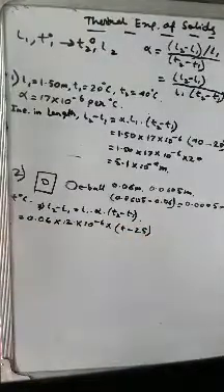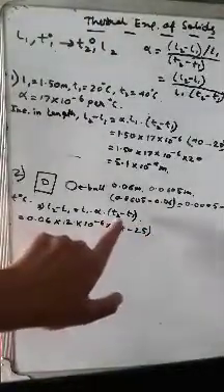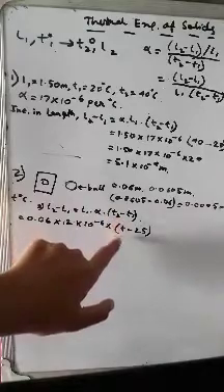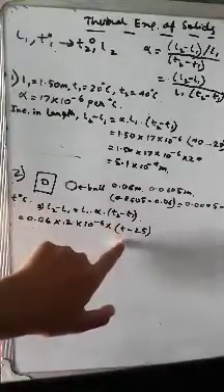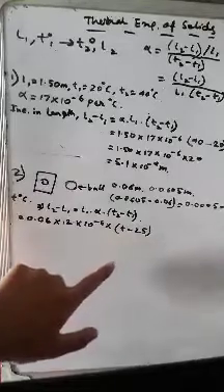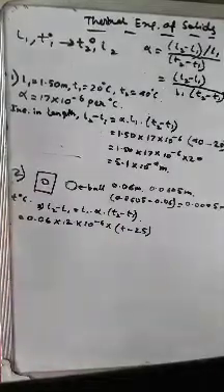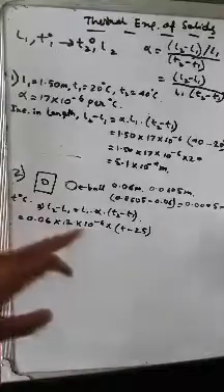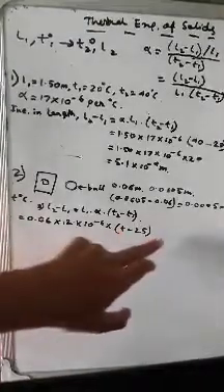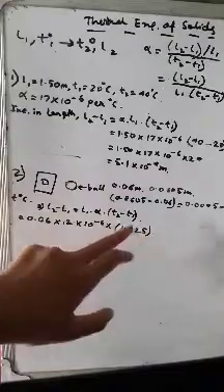As we have assumed the increased temperature to be T degree C, you have written it here. So your T2's value will be T and T1's value is already given in the question. Clear? So let me explain it once again till here.